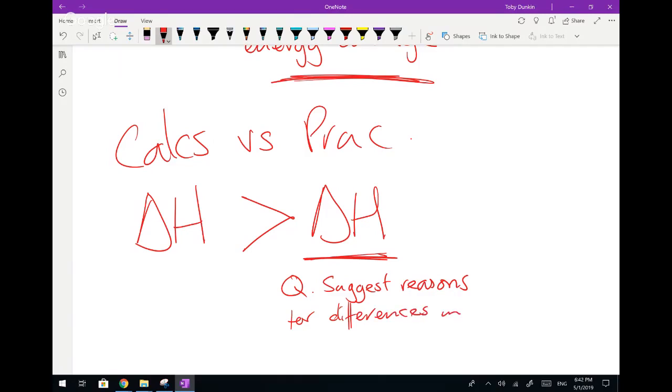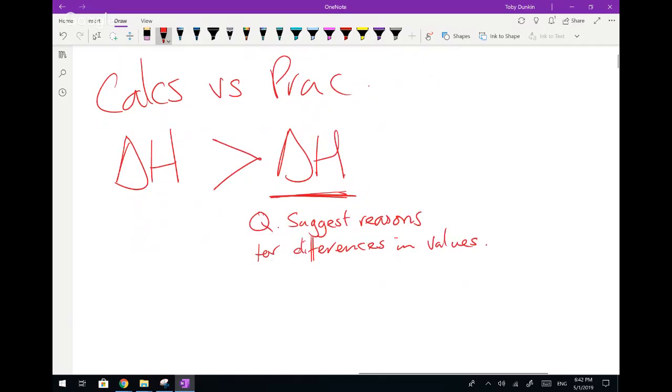Everyone hates those ones. At this point, it's nice just to throw in a few answers to that particular question. I'll put it out to the class. I haven't got many people here. Would anyone like to suggest one reason? In fact, I'd like you to give me the number one reason for the practical having a smaller value than the theoretical.